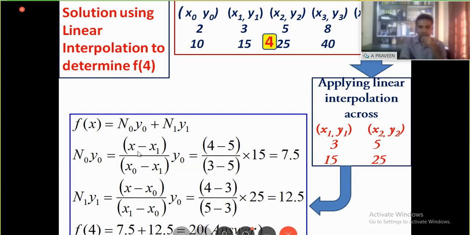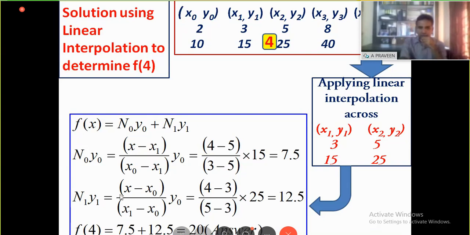I have skipped the general equation step, but you should be able to understand it. The x value required is 4, and x1 is 5, so 4 minus 5, divided by x0 minus x1, which is 3 minus 5, multiplied by y0, 15. That gives 7.5.